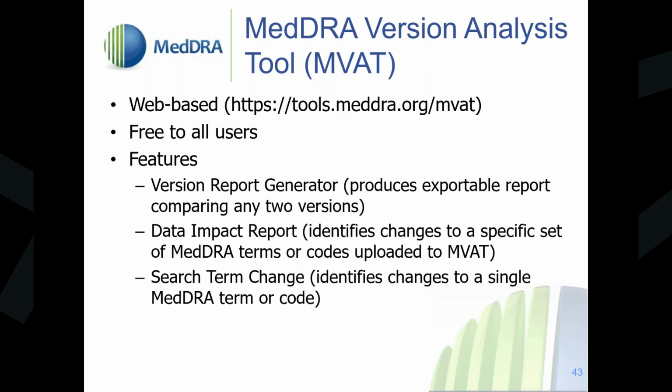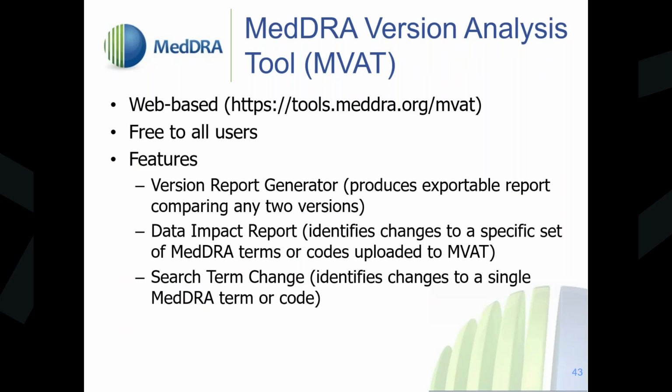So let's say you have data that you coded in MedDRA version 27, and it stayed at MedDRA version 27. And now you're thinking about upversioning to MedDRA version 29 or MedDRA version 28.1. You can actually input your MedDRA coded data of version 27 into this tool and run a data impact report and see, is there impact on my data compared to version 29?